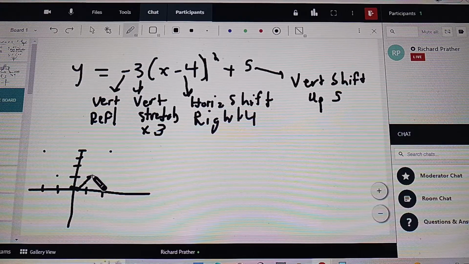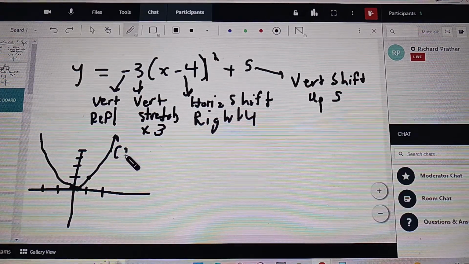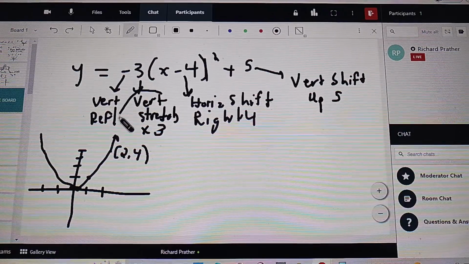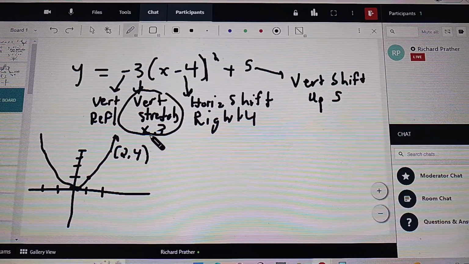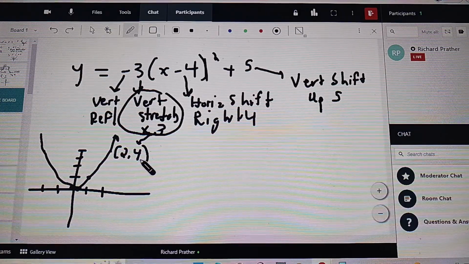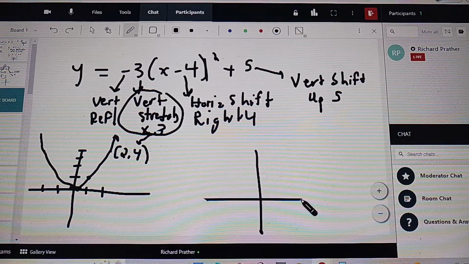So this is the original parabola here. If you have a coordinate like 2, 4, a vertical stretch times 3 means you multiply the y values by 3. So that 2, 4 would change to 2, 12. And that's what ends up happening, it's really tall and thin, like so.